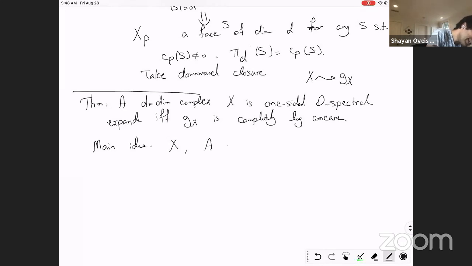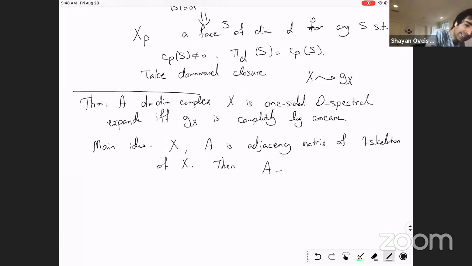Let's say A is the adjacency matrix of the one skeleton of X. It's the adjacency matrix of the graph I explained. Then you can show that A is equal to d plus 1 choose 2 times the Hessian of g of X at 1.